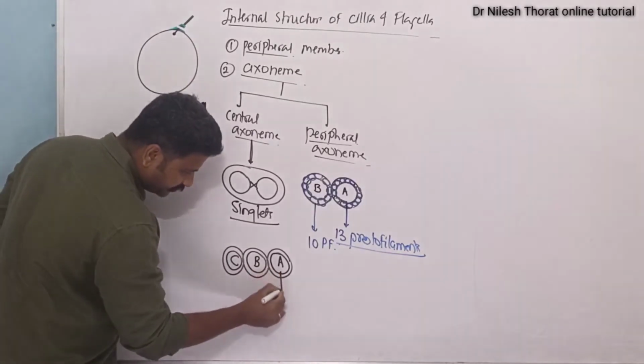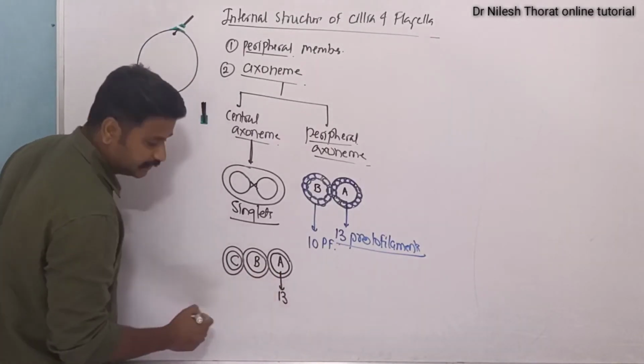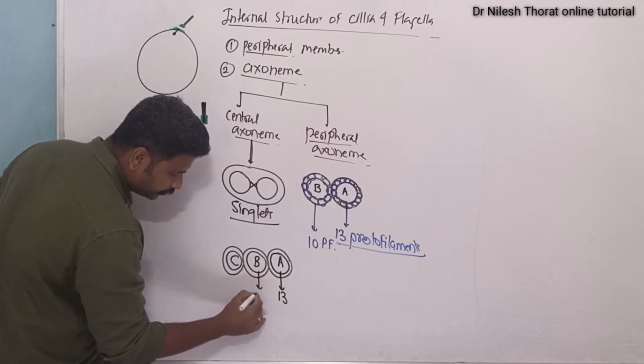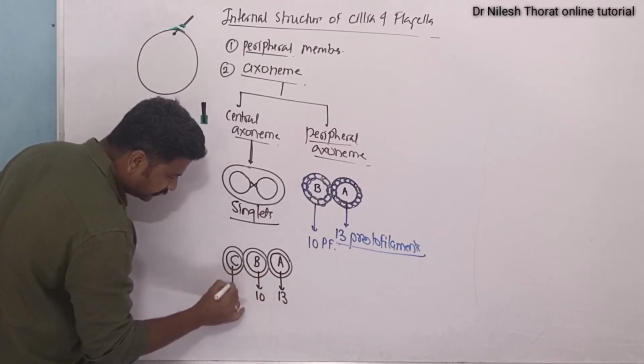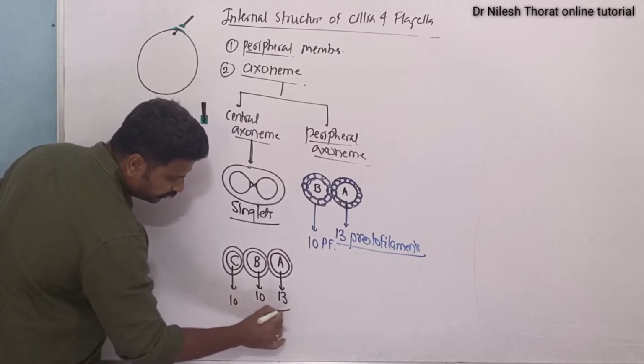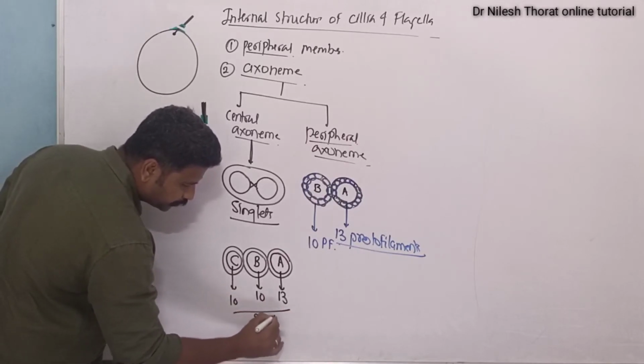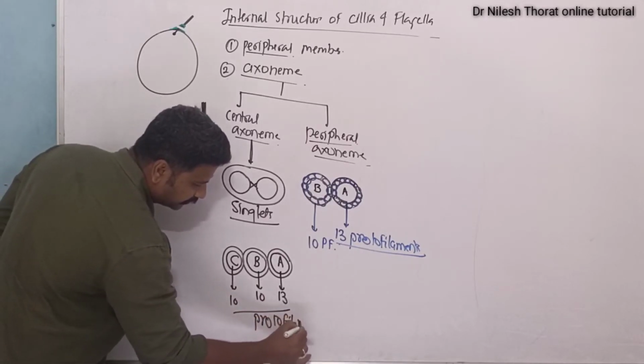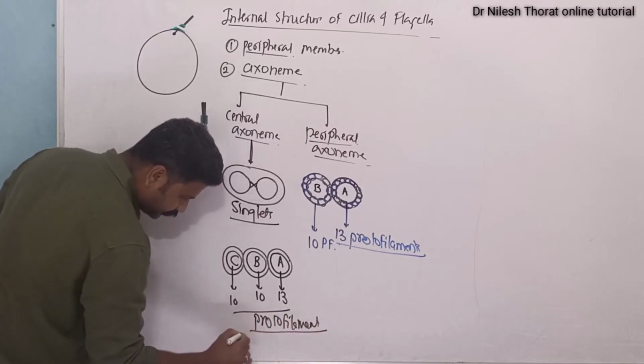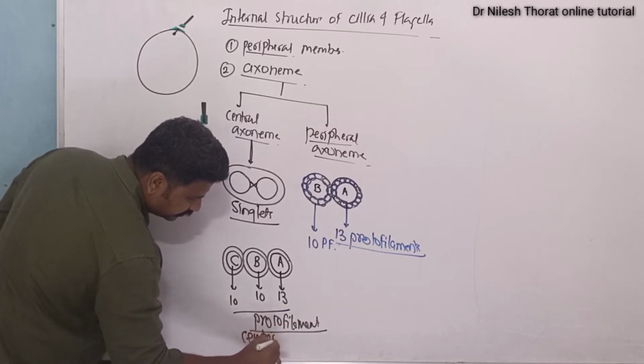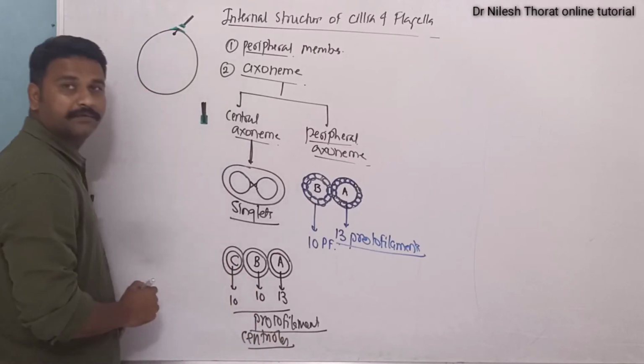So in case of centriole, the A tubule is made up of 13, B tubule is made up of 10 and C tubule is also made up of 10 protofilaments. Clear for this thing?